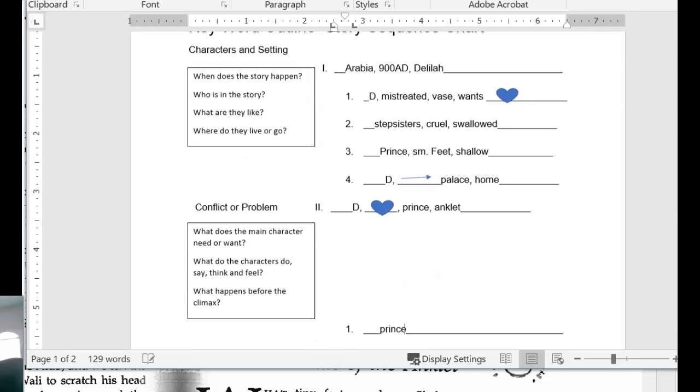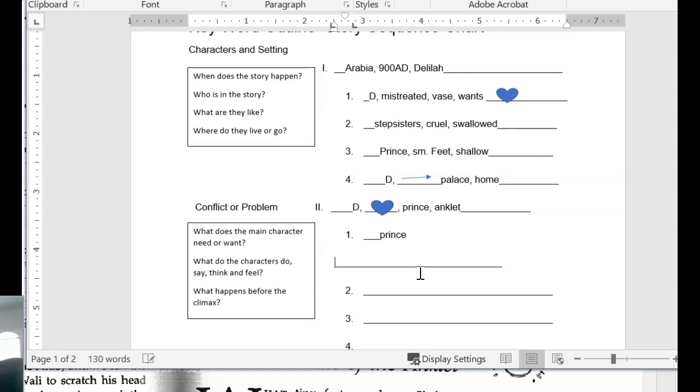Okay, so then the prince, he already loves tiny feet, we know that. He wants the anklet. Let's change wants to woman. Okay, so the prince goes looking for the woman of the anklet.